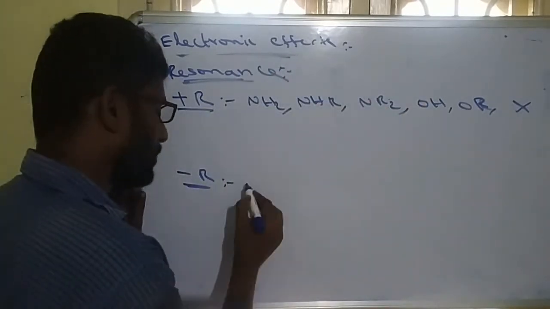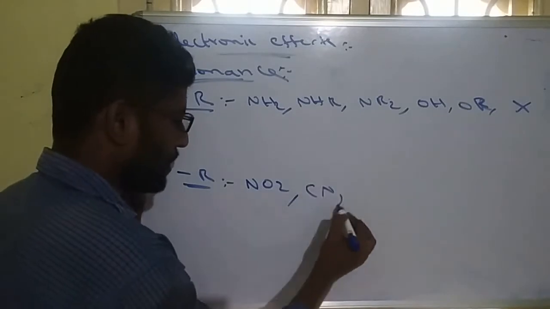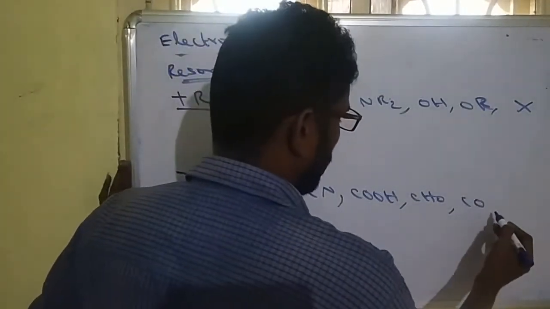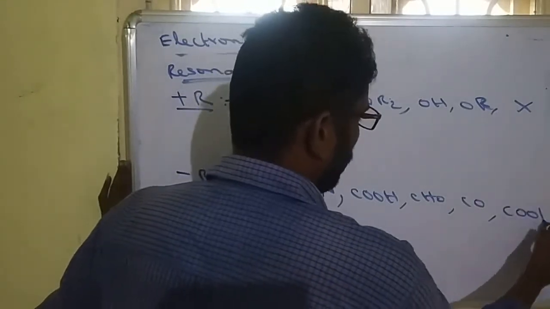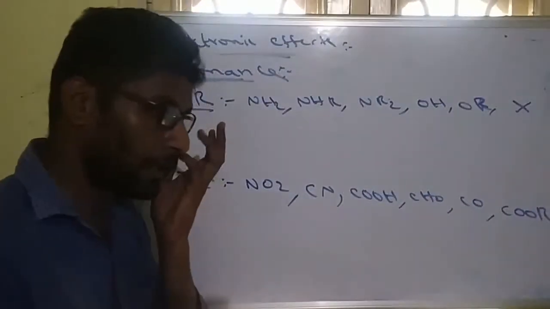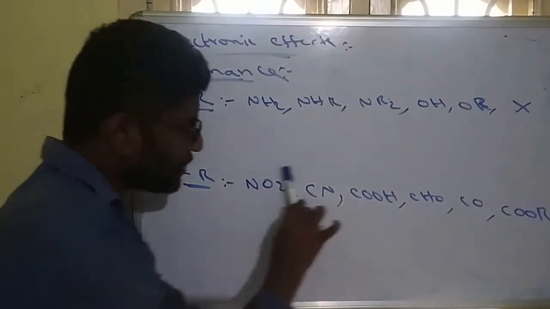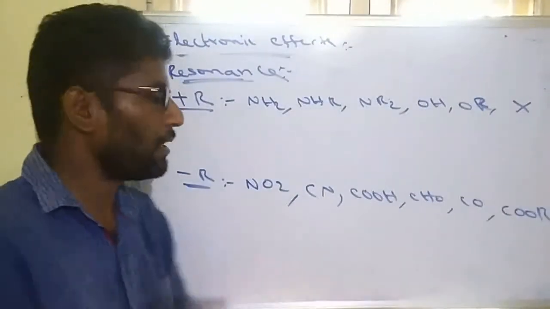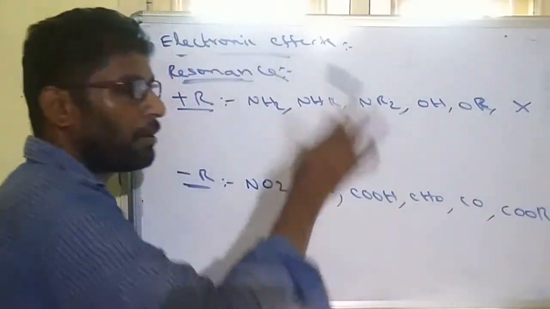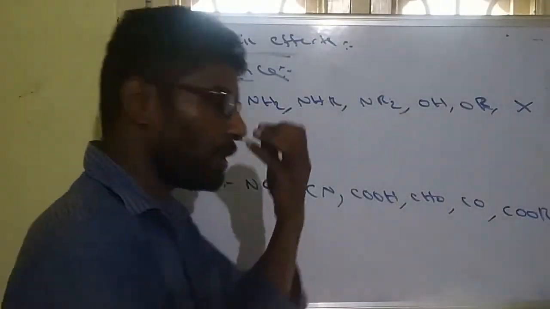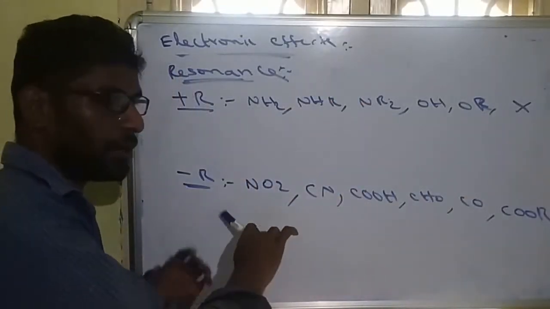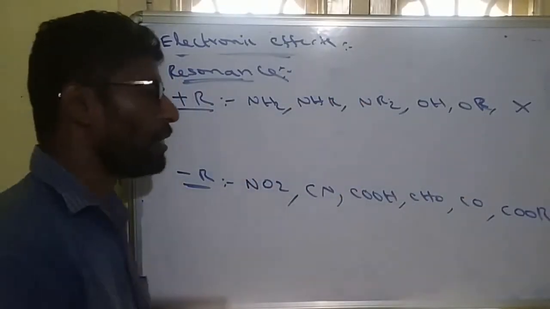Similarly, negative resonance groups are like NO2, CN, COOH, CHO, CO group, COOR. All these are negative resonance groups. Any of these groups present on benzene will take electrons from the benzene. So when electrons are donated to the benzene, it is positive resonance; when electrons are taken from benzene, that is called negative resonance.